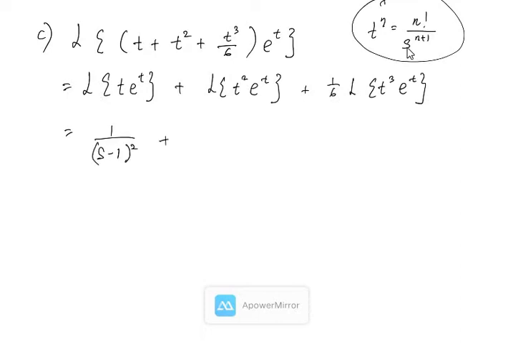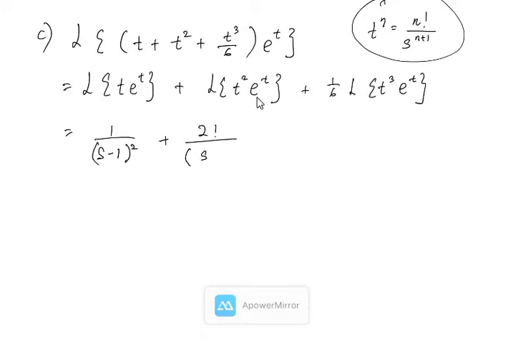For the second one, t power of 2, we have 2 factorial divided by s power of 3, and this is with exponent t.